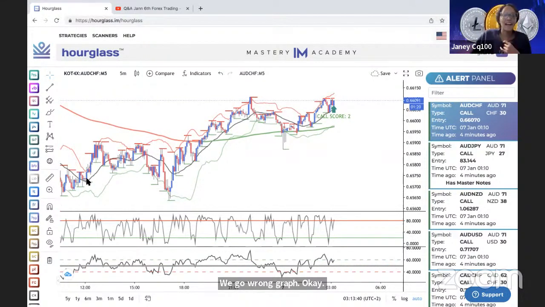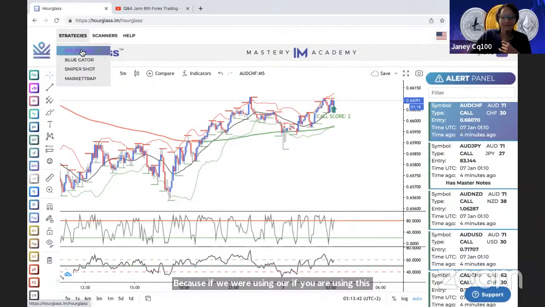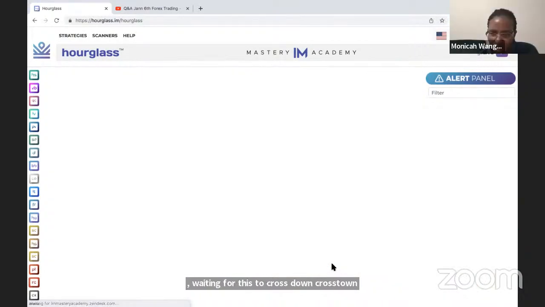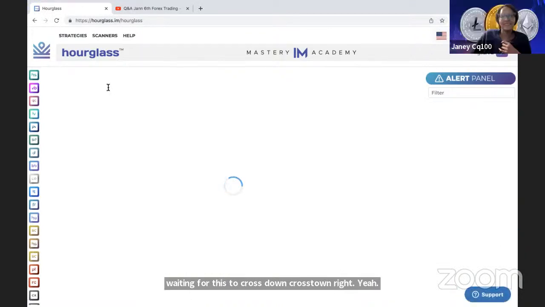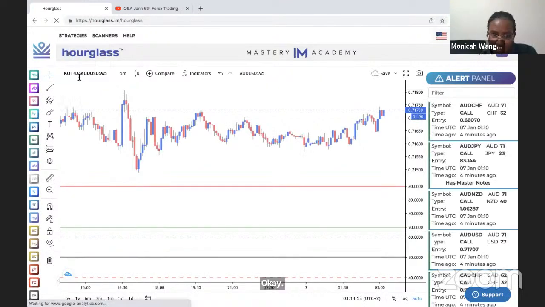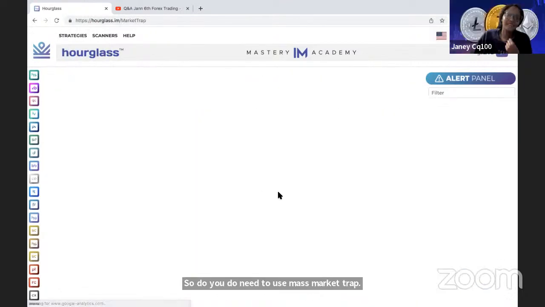Because if you were using this, you're waiting for this to cross down, right? Okay. So you need to use market trap if you're trying to do the cross down, cross up.